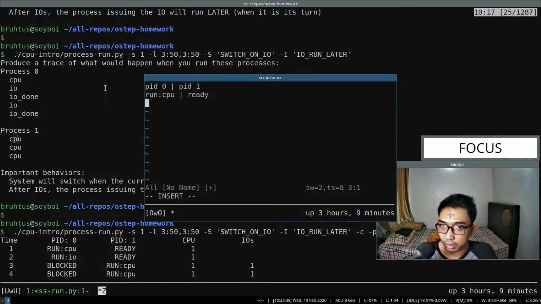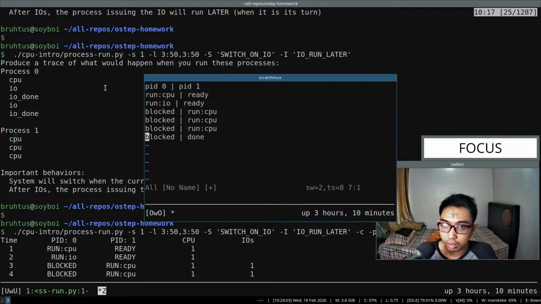Ready, and then input, output, still ready. Block, okay. And then run CPU, right? Run CPU again. I think this is done. And this hasn't been done yet.